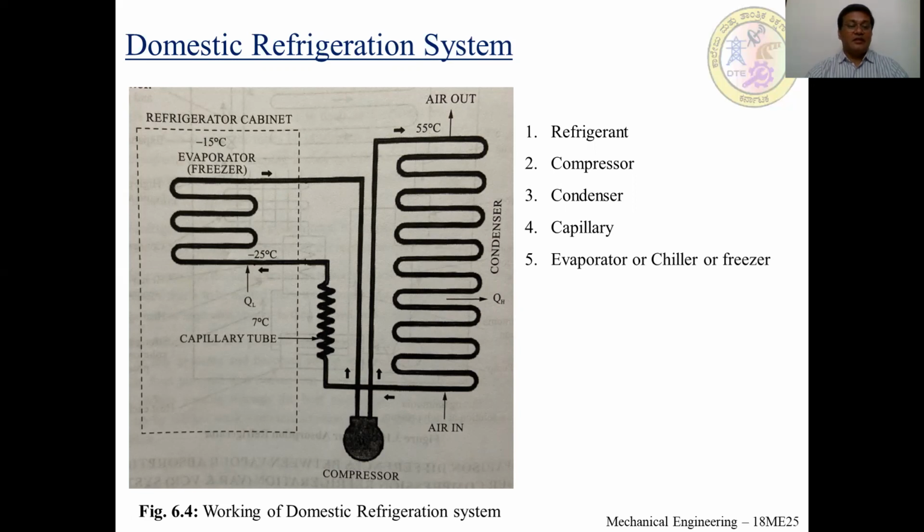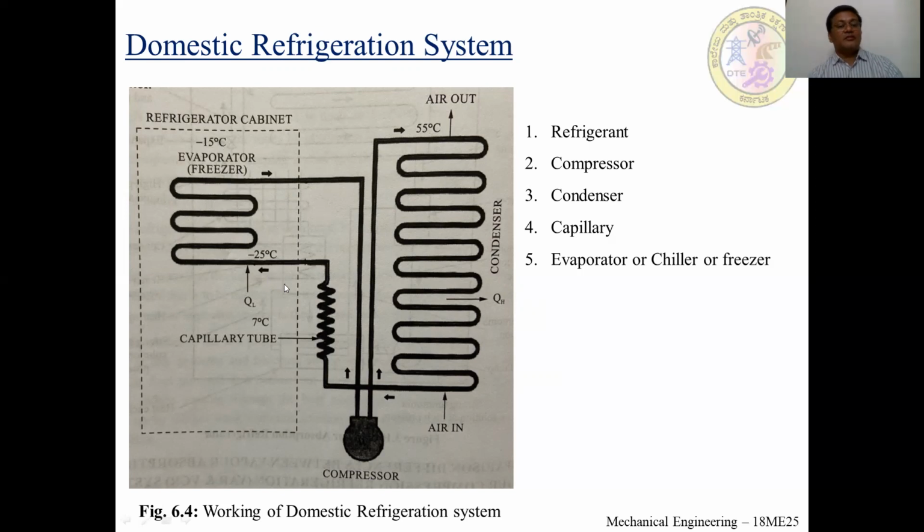As I told earlier, instead of an expansion valve, we use a capillary tube in domestic refrigerators, where the pressure and temperature of the refrigerant drop suddenly. Then the refrigerant at very low pressure and temperature enters the evaporator or freezer. You can see the temperature variation here.